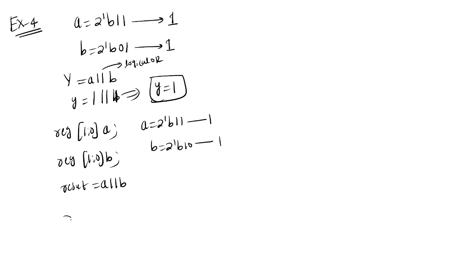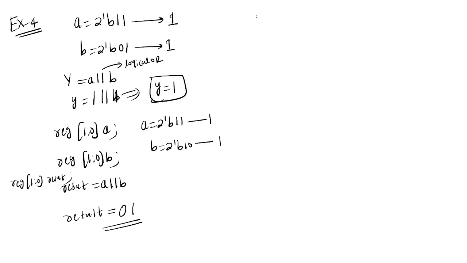So what is the result? Result is also 2 bits, reg [1:0] result. Now you will get result equal to 01.